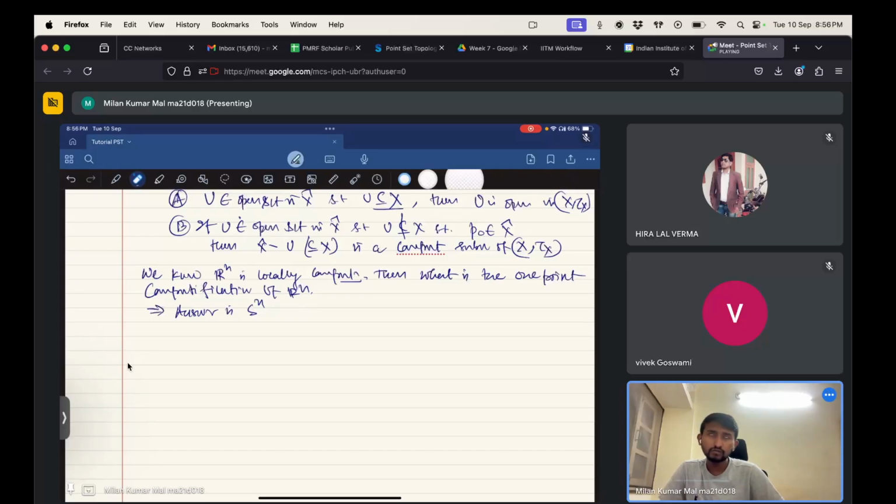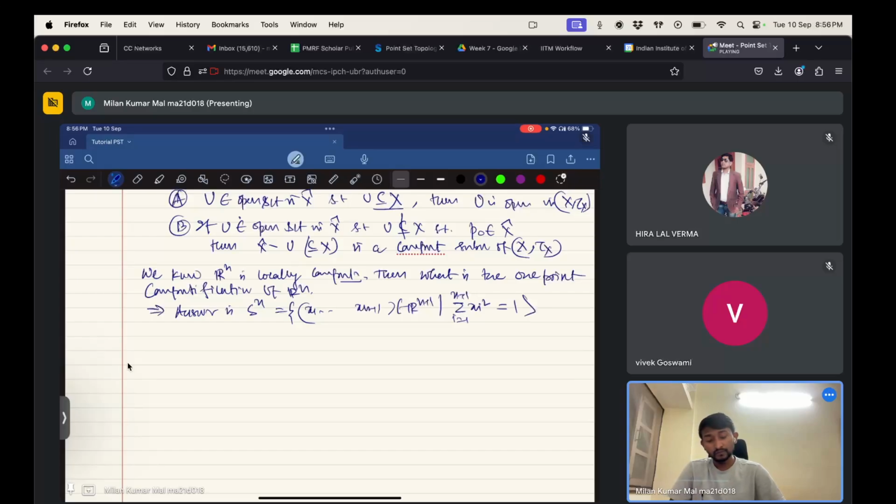Yeah, this is all. Okay, S n means the S sitting inside R n plus 1, the points x1, x2, up to x n plus 1, such that the summation of xi square equals 1, i equals 1 to n plus 1.